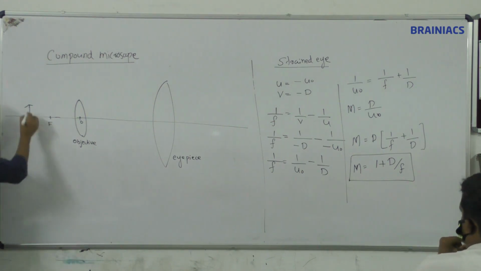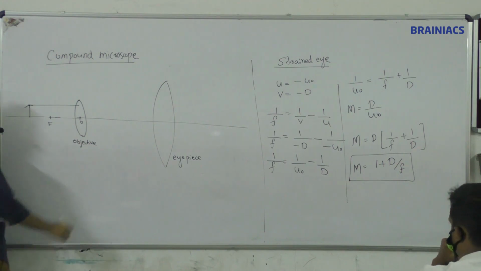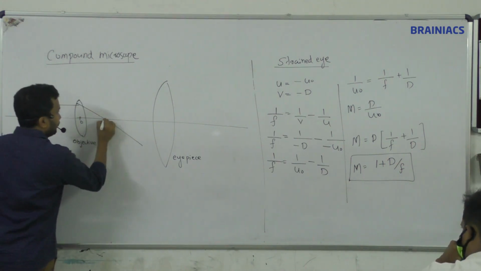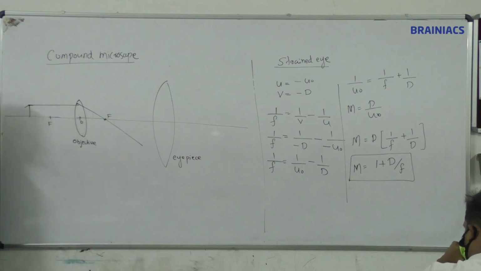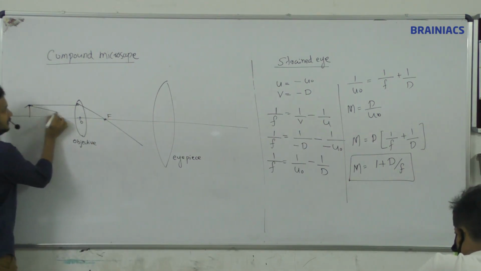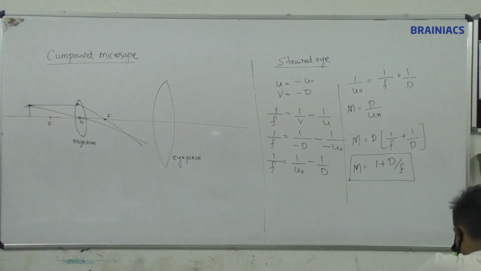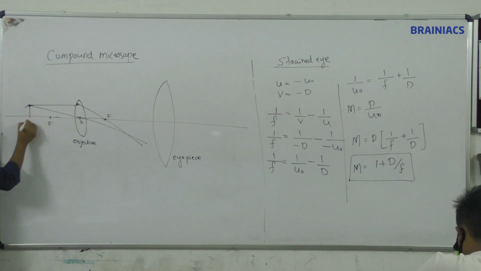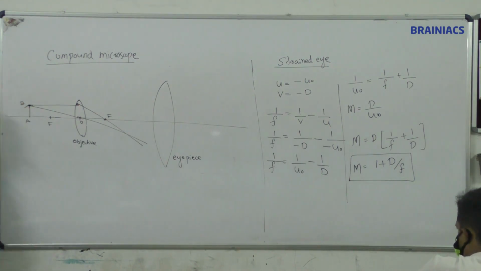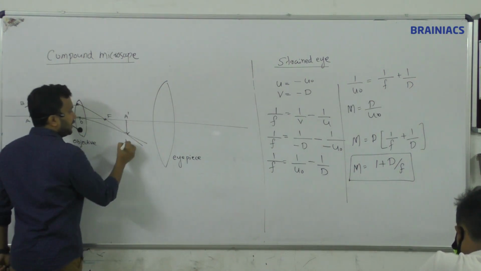First we draw a parallel line, which passes through the focus. The next line goes through the optical center. So an inverted image will be formed here, and this inverted image is A dash B dash.